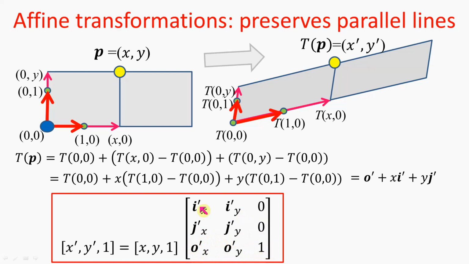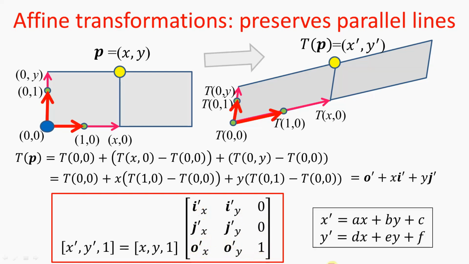This matrix vector multiplication can also be rewritten in the following form, where A, B, C are the x coordinates of the transformed i vector, j vector, and the origin. D, E, F are the y coordinates of the transformed i, j, and the origin. We can see that the new Cartesian coordinates x prime and y prime are linear functions of the original Cartesian coordinates.